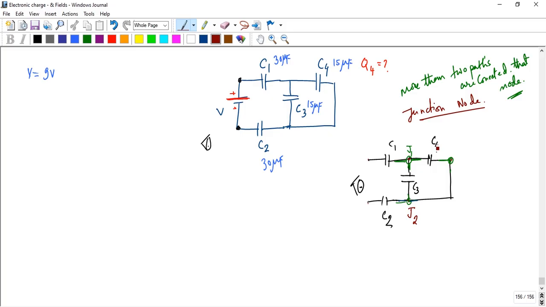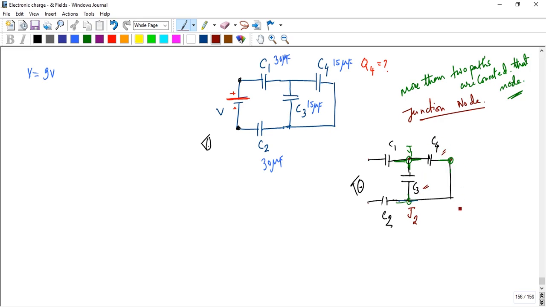So J1 and J2 are the junction points, and the very important thing is that these two capacitors, C4 and C3, are connected between junction 1 and junction 2. That's why these two capacitors are parallel.